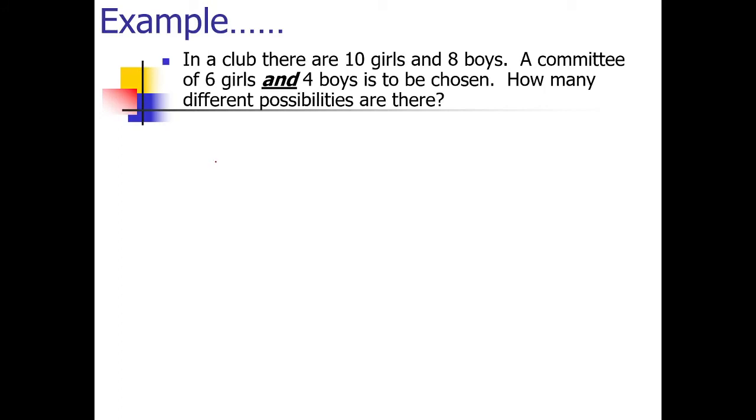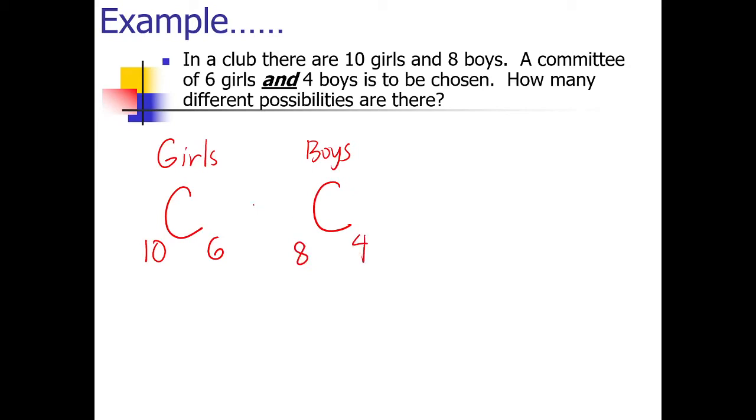Okay, let's start with the girls. How many girls are there in all? 10. And how many girls are we getting for the committee? 6. For the boys, how many boys are there? 8. And we choose 4. And then multiply them. Now, what is 10 combination 6?